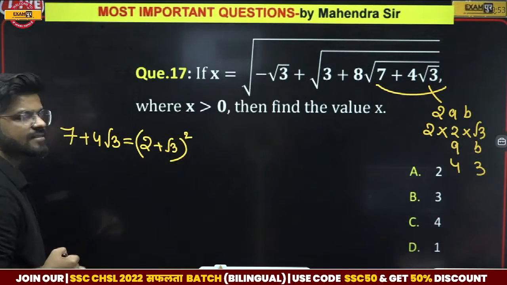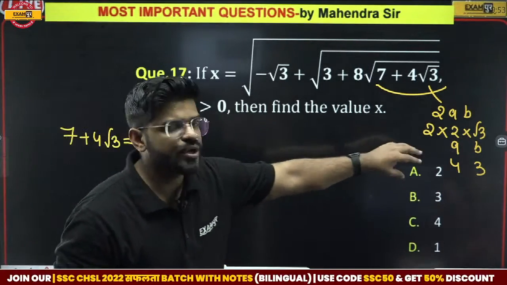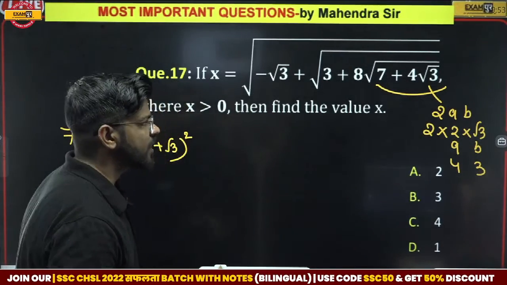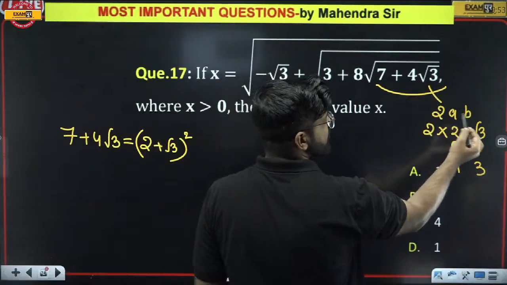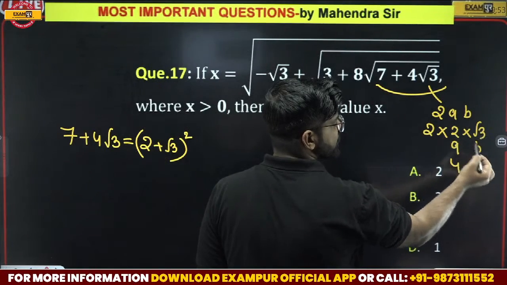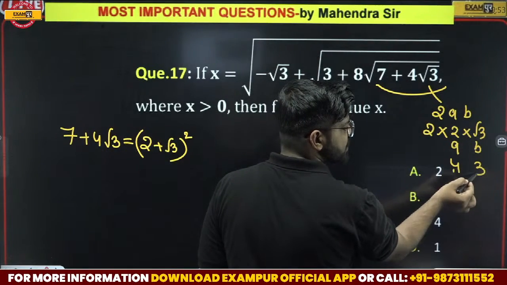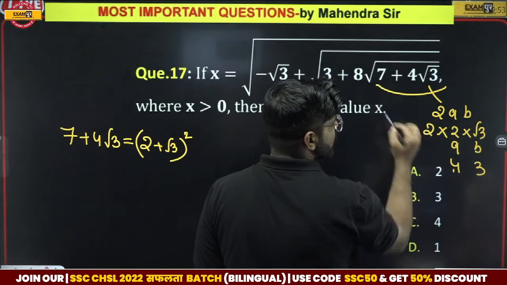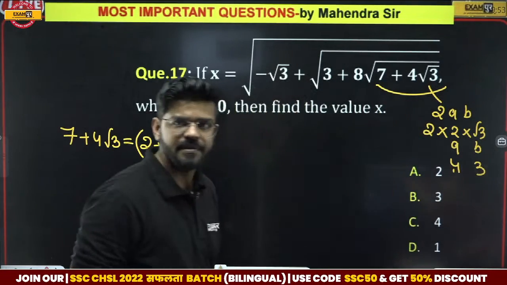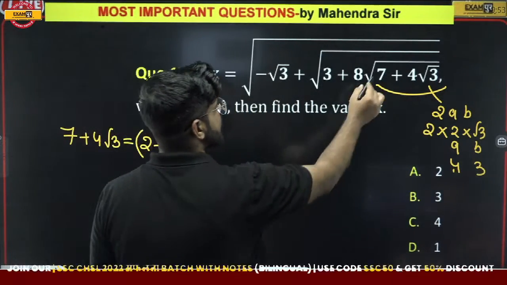Clear to everyone? How have we written here? If it is 2ab, that means if it is a and it is b, then it is a square plus b square plus 2ab. A square plus b square is 7 here. Clear? So this is how you have converted it into a square.